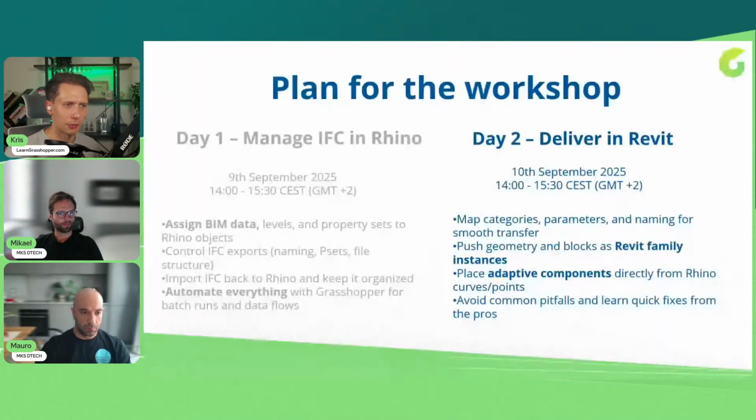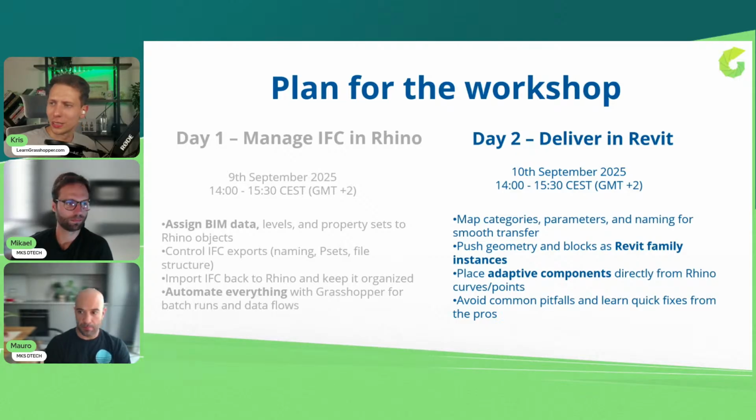Let me see, I'm going through the plan. So today we went through assigning BIM data. This is from levels, property sets to Rhino objects, controlling IFC exports, naming Psets, file structure, importing IFC back to Rhino and keeping it organized, and automating with Grasshopper with the flow. So yeah, that was a good plan.